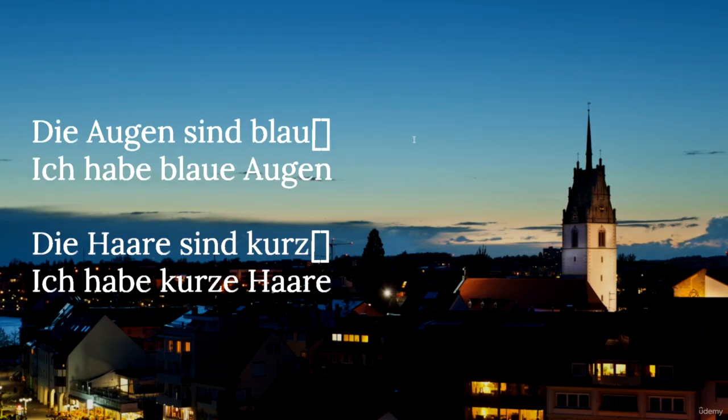Let's read those examples. Die Augen sind blau. Ich habe blaue Augen. Die Augen sind blau. Here you don't have to change anything because blau comes after the name Augen. The second sentence, however, you have to add an E because blaue comes before the name Augen.